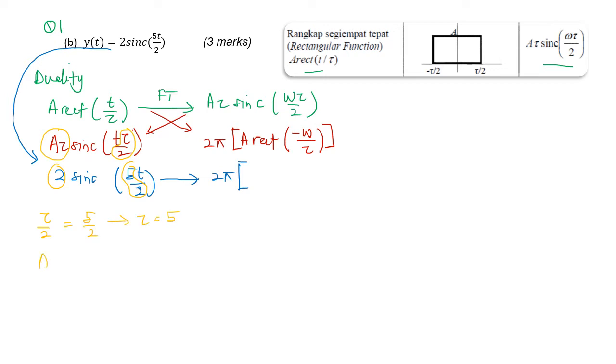Next, A tau equal to 2. Therefore, your A equal to 2 divided by tau. It is equal to 2 divided by 5. So now your A is 2 divided by 5 rectangular negative omega over your tau, which is 5.